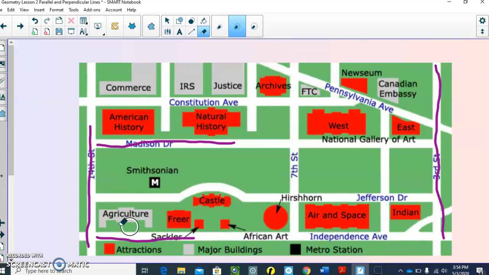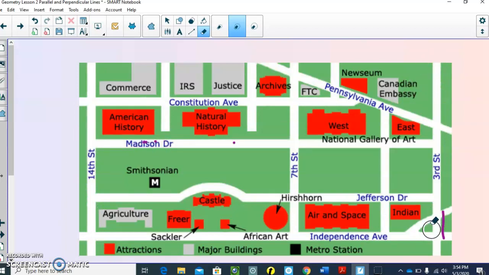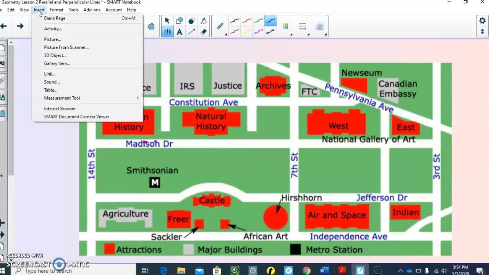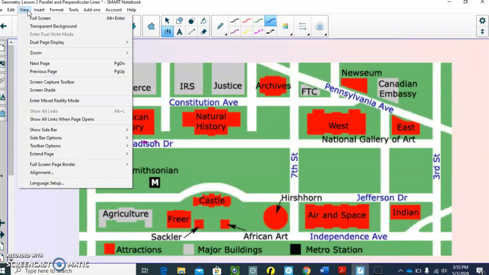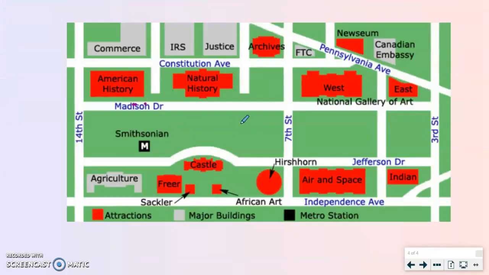This means that these streets are intersecting at exactly 90 degrees. So we probably would have a traffic light or a stop sign or something here. Take a moment and see if you can find an example of perpendicular lines on the map.